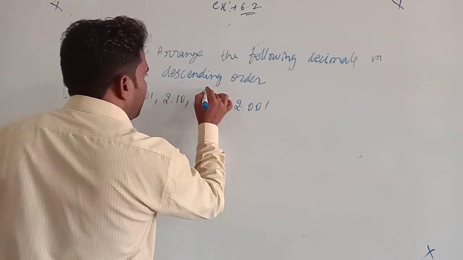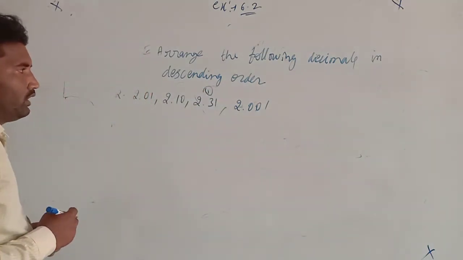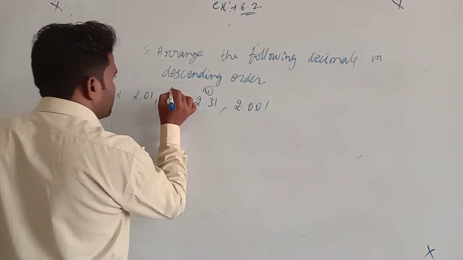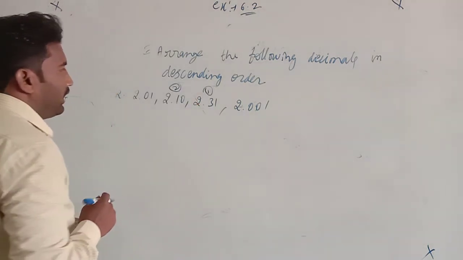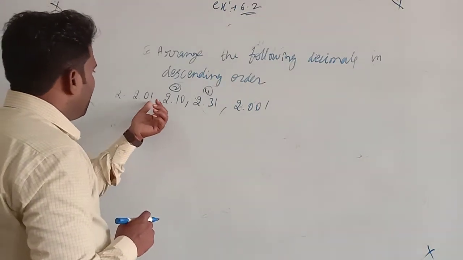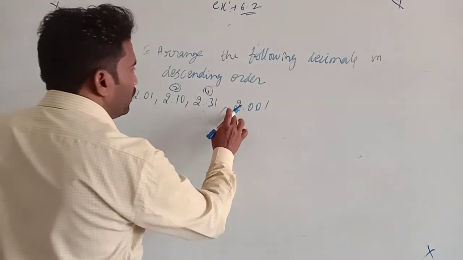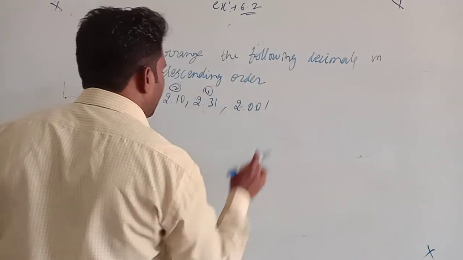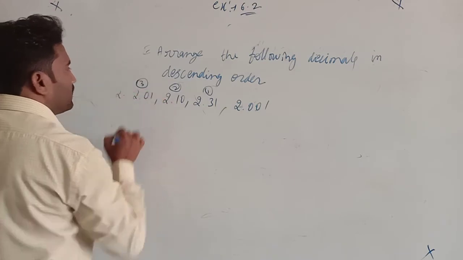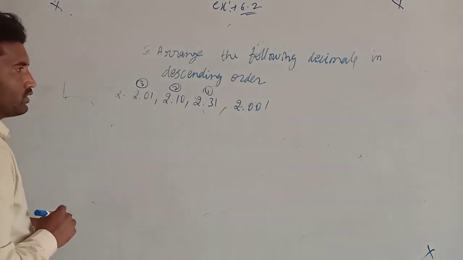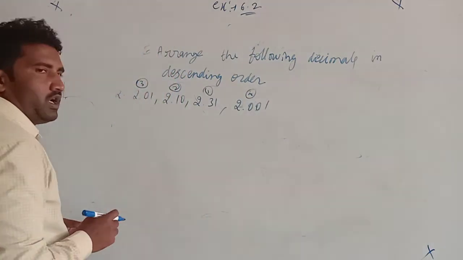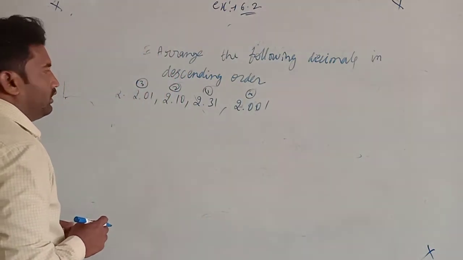So we write 2.31 in first order. The second greatest is 2.10. 2.01 is greater than 2.001. So the third greatest is 2.01, and the last smallest is 2.001.